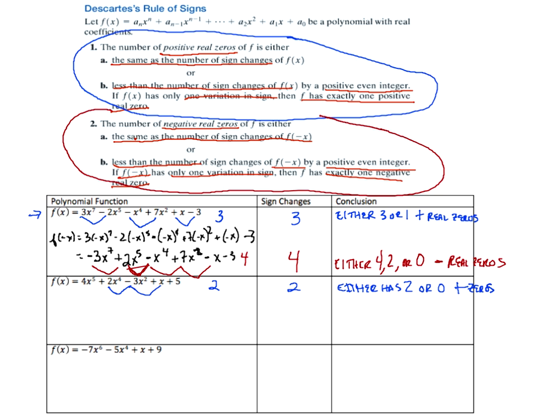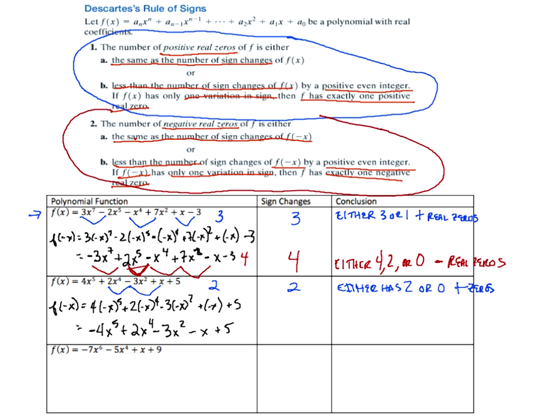Okay, I first need to figure out what f of negative x is, and then analyze the sign changes. 4 times negative x to the 5th plus 2 times negative x to the 4th minus 3 times negative x squared plus negative x plus 5. So this is negative 4x to the 5th plus 2x to the 4th minus 3x squared minus x plus 5.